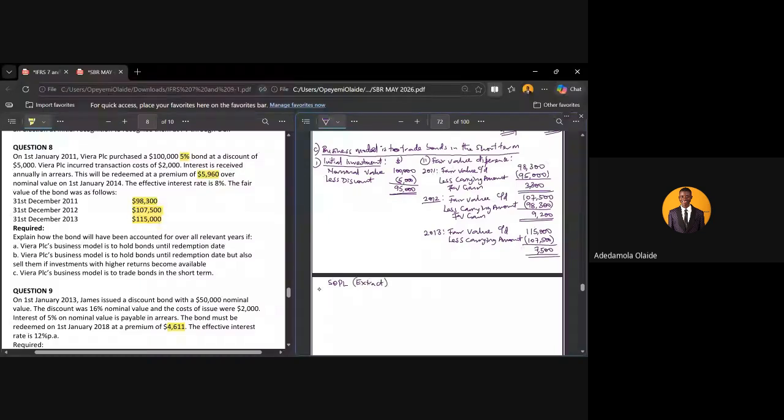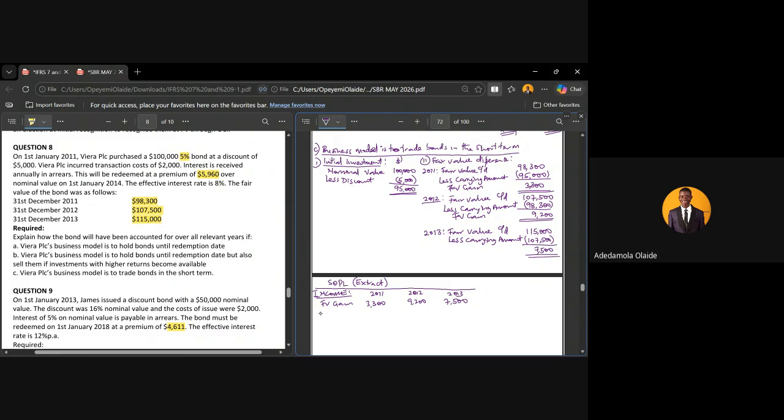Our SOPL extract at the end of each year would be: our income would be fair value gain, which is 3,300 in the first year, 9,200 in the second year, then 7,500 in the third year.